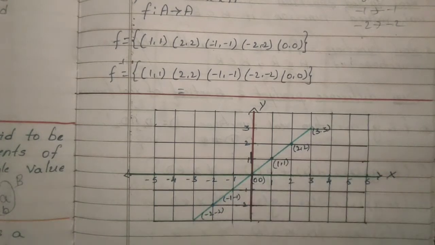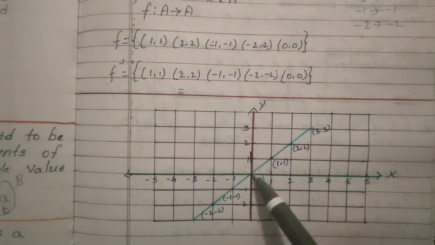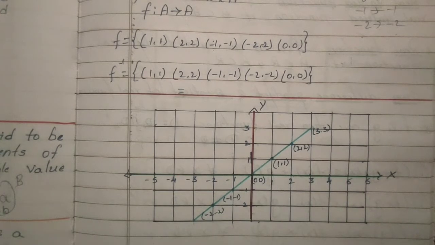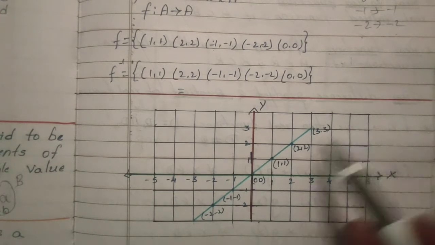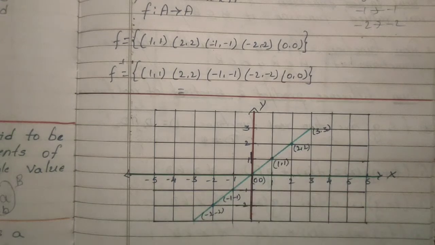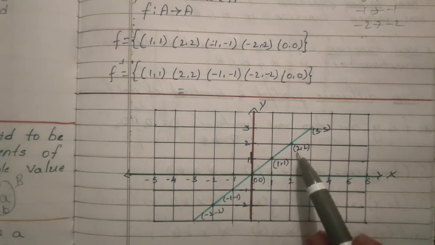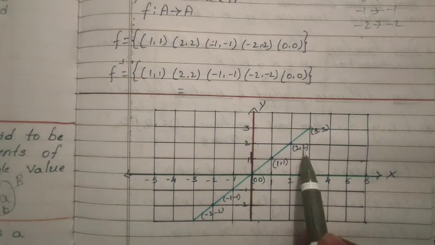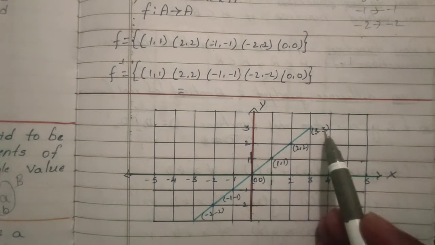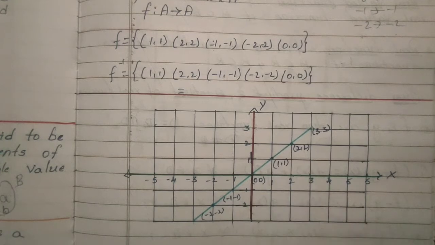If I join all the points, the line passes through the origin. Okay? This is the identity function. Here both the first component and second component will be the same. Domain and range will be the same. This is the identity function.